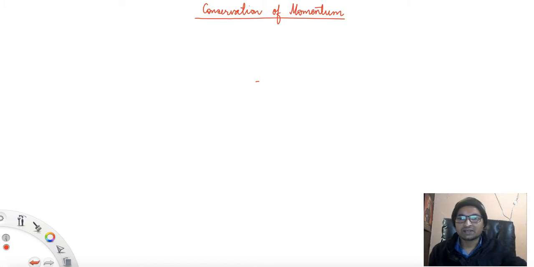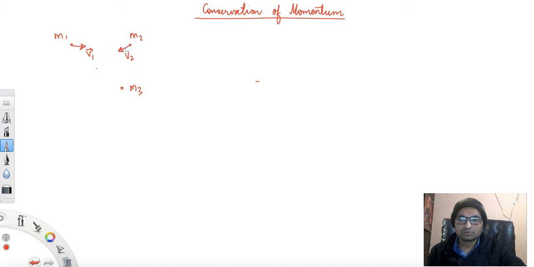So let's understand it here. Let's consider three particles of masses m1, m2, m3, and assume that m1 is moving with velocity v1, m2 with velocity v2, and mass m3 is moving with velocity v3 in any arbitrary direction.